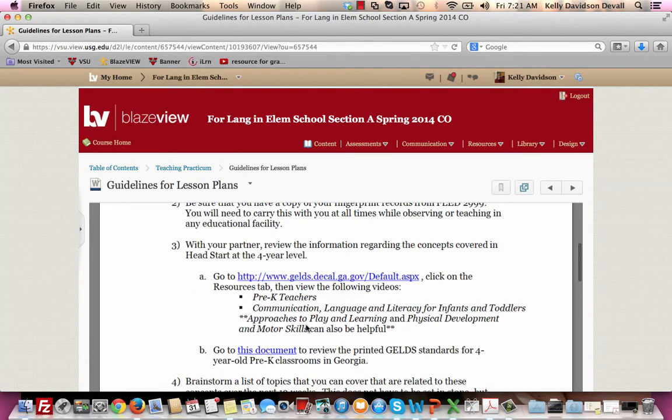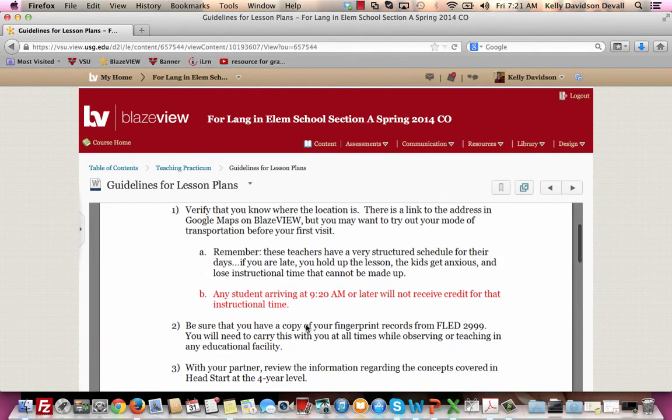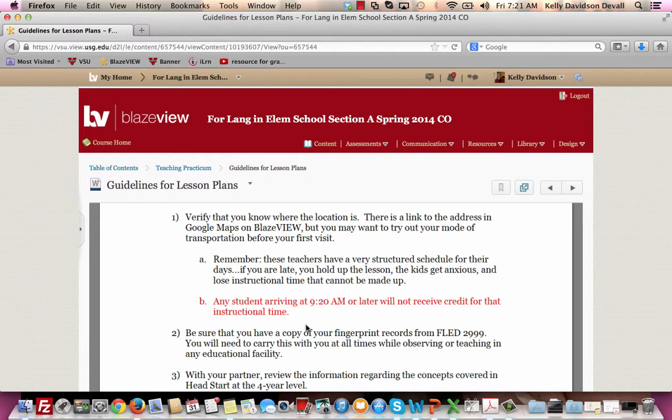So be sure to read this information carefully, and also note that you need to arrive by 9 a.m. Your visits will be from 9:15 to 9:45. However, the kids are going to be coming back from breakfast around 9 a.m., so you want to be in there ready to go by 9:15, because you only have 30 minutes.